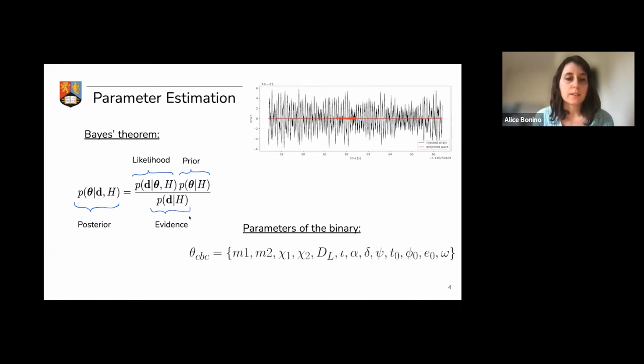The evidence is the completely marginalized likelihood, that is the probability of certain data assuming a certain model without taking into account the parameters. Using these ingredients, we can find the posterior distributions that we want to see, that is the probability of the parameters that we want to study given a certain data set and assuming a certain model.